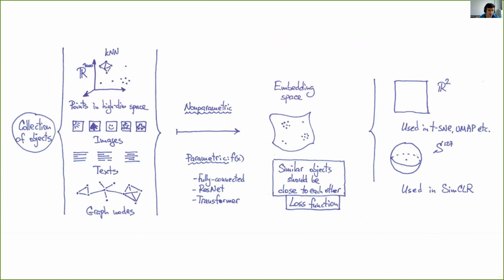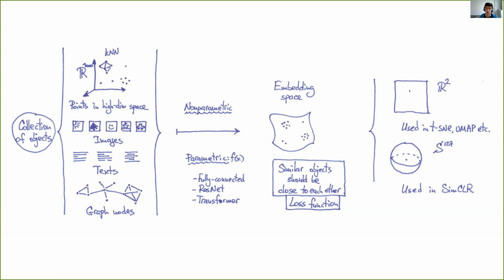So we have here a collection of objects, and this is very general. These could be points in high-dimensional space. So we have 1,000-dimensional space, and then there are points. We want to know if there are clusters or maybe some continuous structures there. So we would like to represent these points in a 2-dimensional space, for example, just on a sheet of paper, right? So every point gets mapped to a point here.